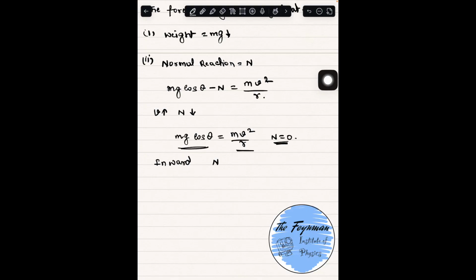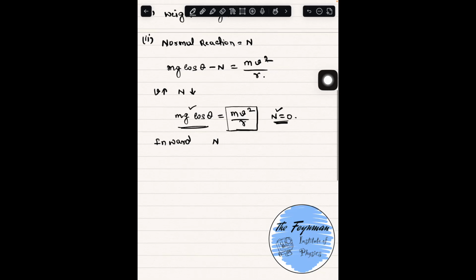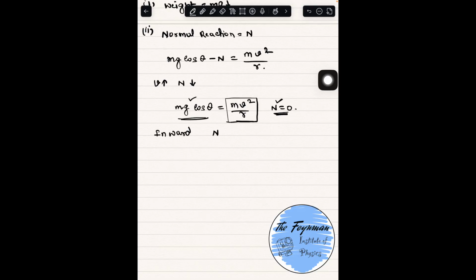Because mv squared by r is the centripetal force, and there is no additional centripetal force. Both mg cos theta and N work to provide this necessary centripetal force. There will be a situation when N equals 0 and mg cos theta, that means the weight, is sufficient to provide the centripetal force. At that point, the tendency of the body to rotate along a circular path is so high that it will try to rotate in a circular path, but it will not be able to do so.